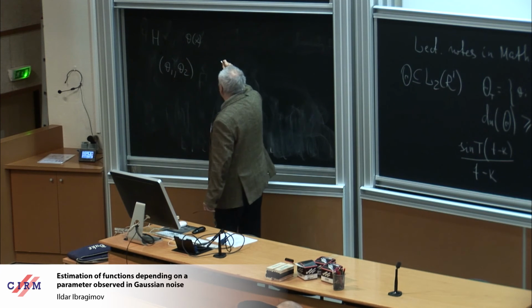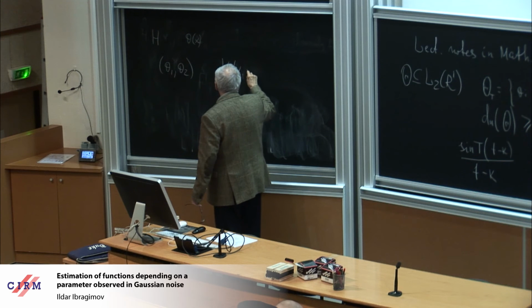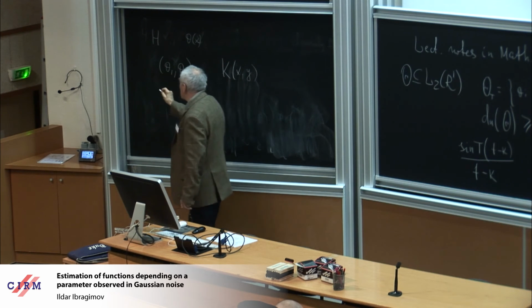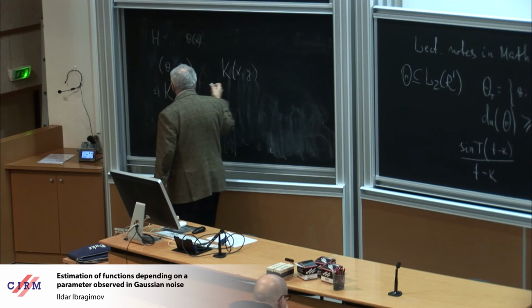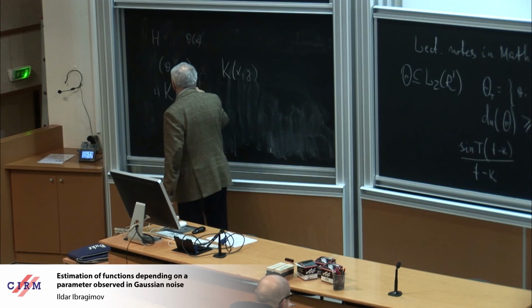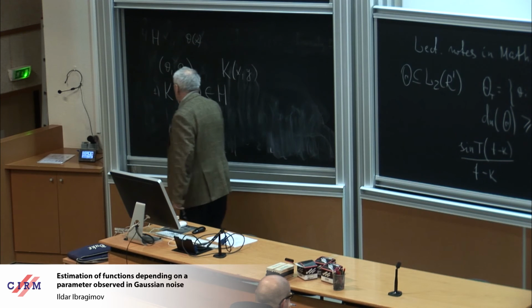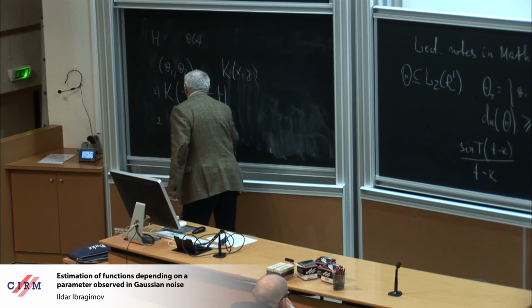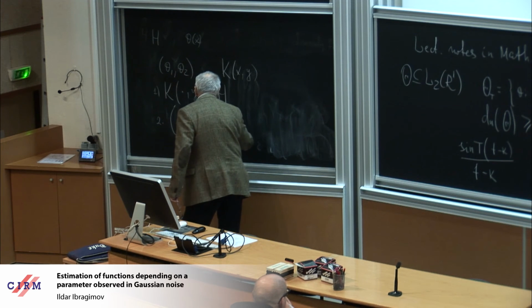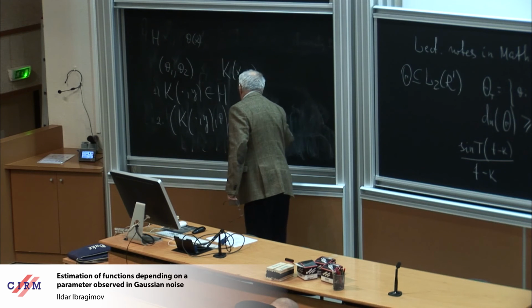There exists a function k(x,y) such that for any y, k(.,y) is an element of H, and the scalar product of k(.,y) and theta is theta(y).